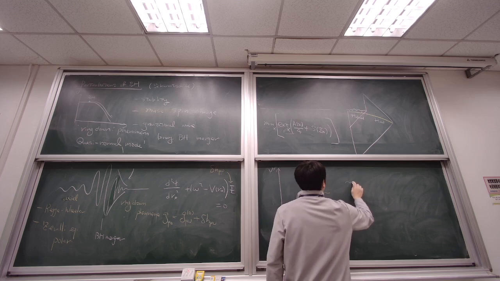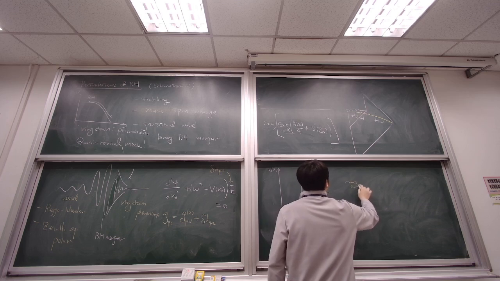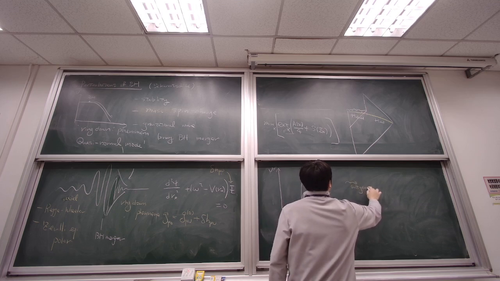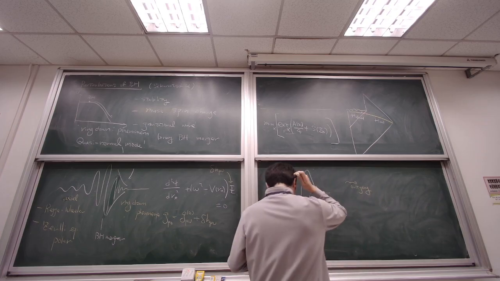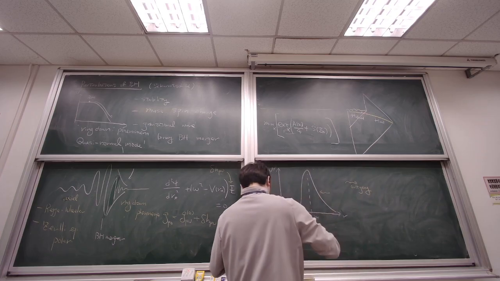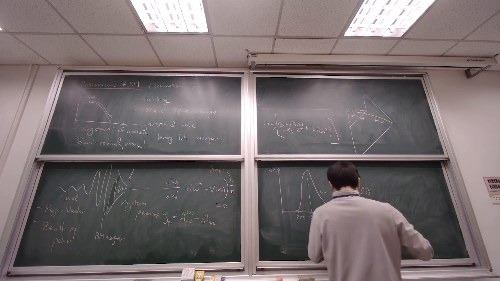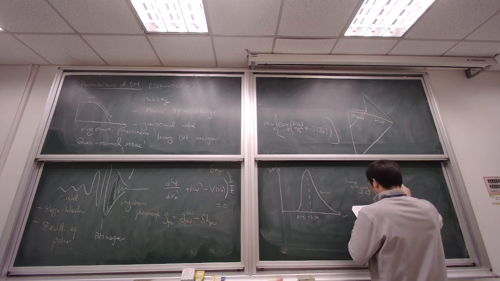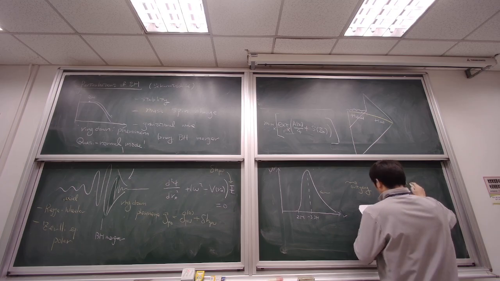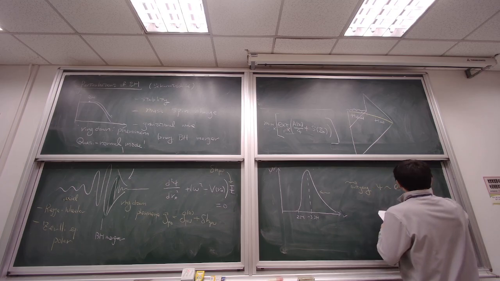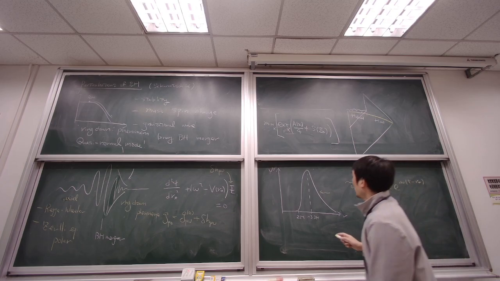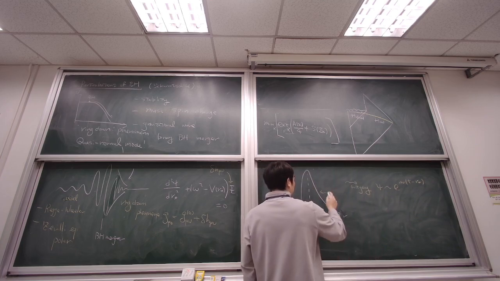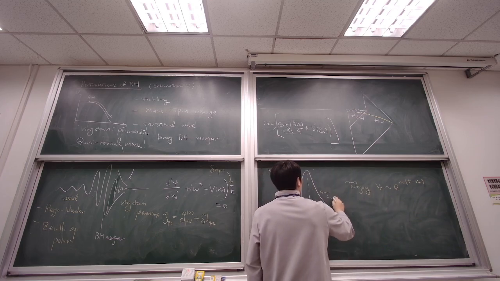At infinity you have an outgoing mode, psi is something like e to the i omega (t minus r star), and then ingoing.